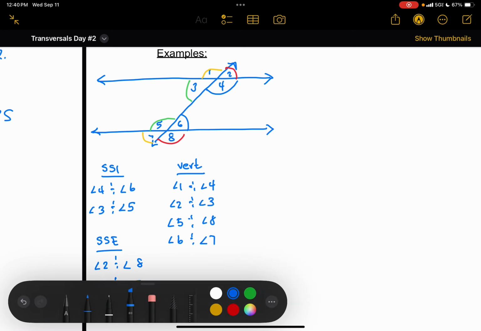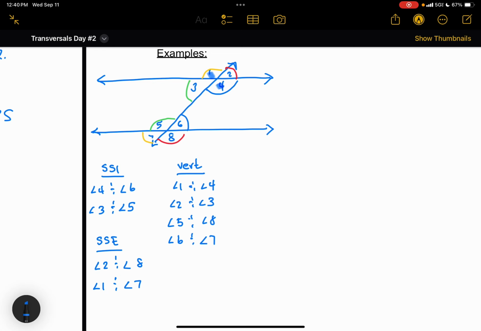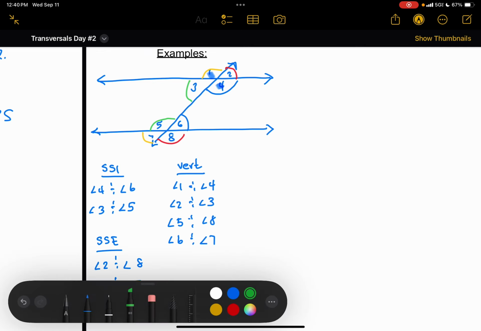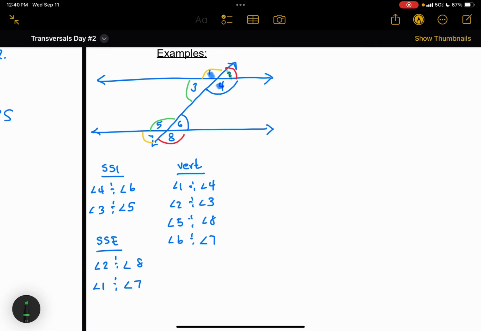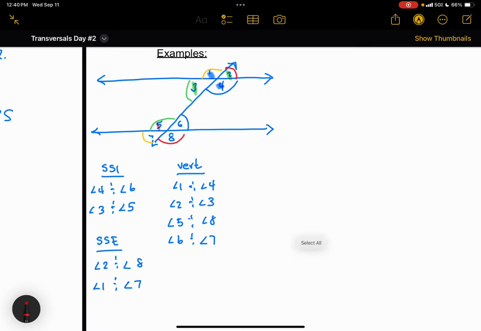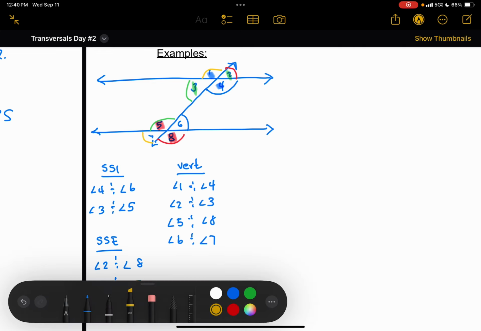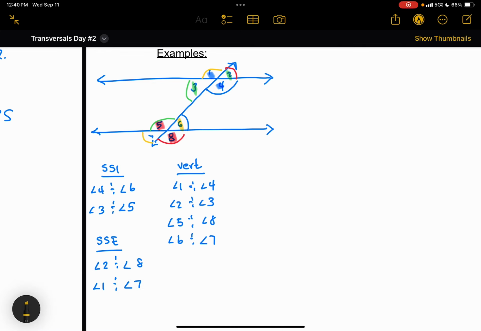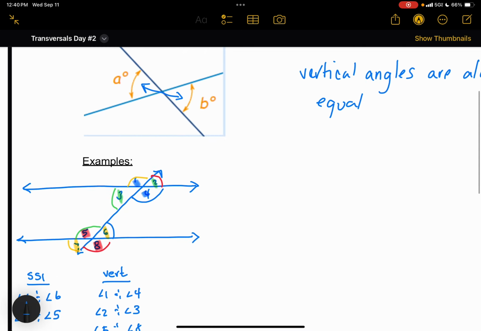So 1 and 4, and then we have 2 and 3, then we have 5 and 8 and 6 and 7. Okay? Let's do some work with this.